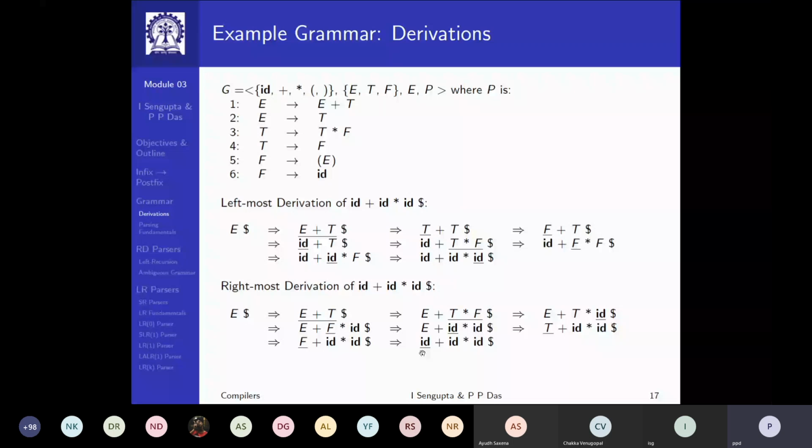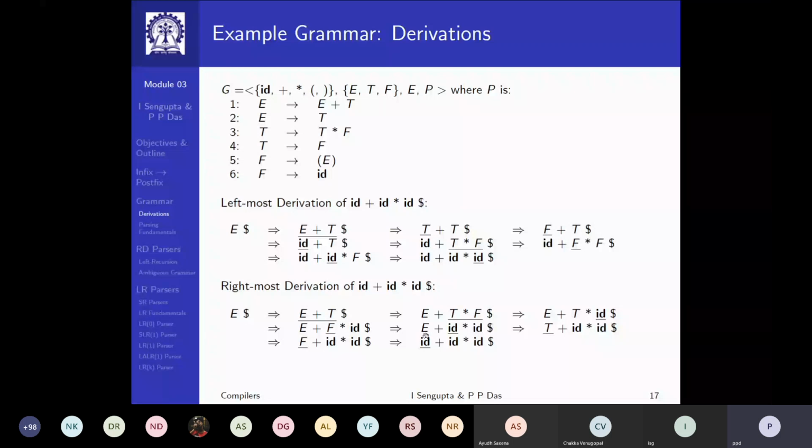So if we can identify that this ID is the right-hand side of production rule 6, then I can reduce it, do a reverse replacement, and replace this ID by F. And that F is the right-hand side of production rule 4. So I can reduce it, do the reverse replacement and get T. But that T is the right-hand side of production rule 2, and I can replace it and get E.